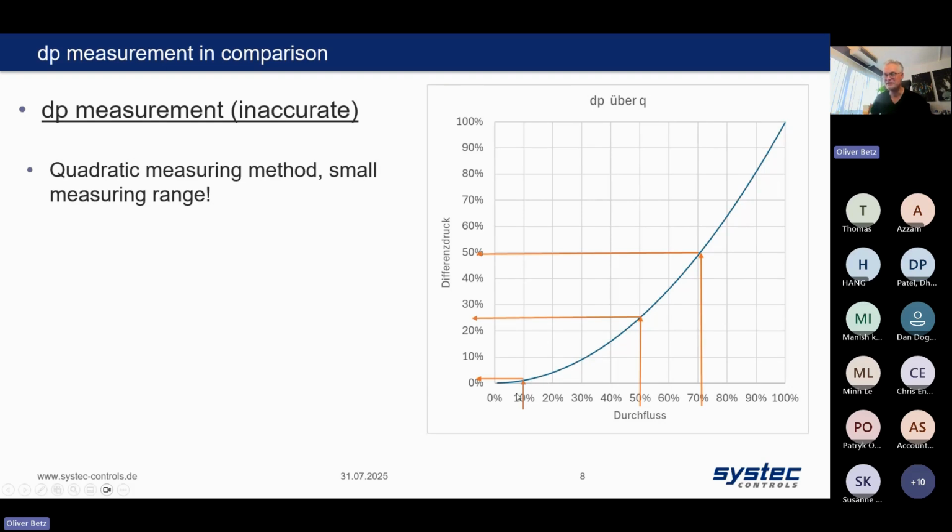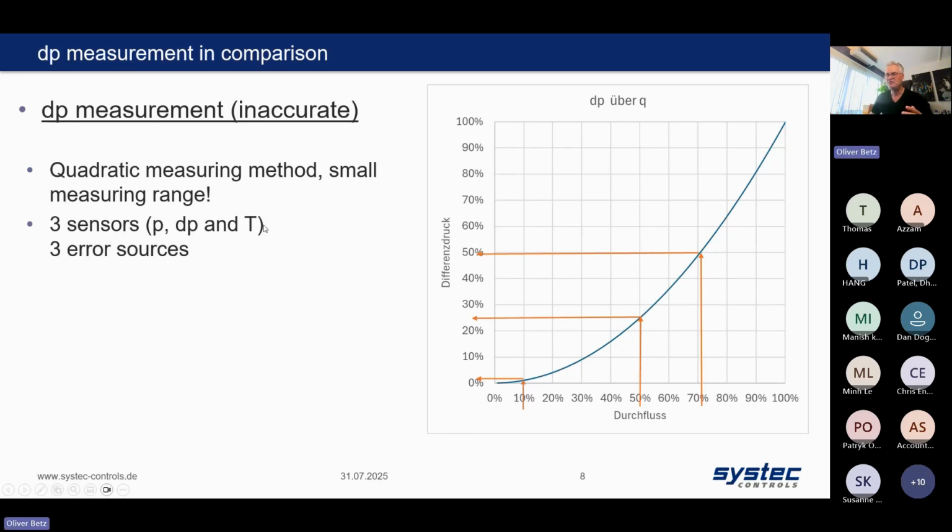If you have big spans, let's say 1 to 20, then the differential pressure is just 1/400th. If you would square 20, then it's 400. So at 5% of the flow, you just have 0.25% of the maximum dP. So small measuring range or high inaccuracy at low flow rates.